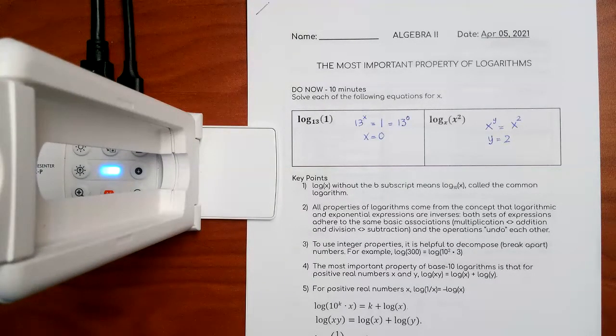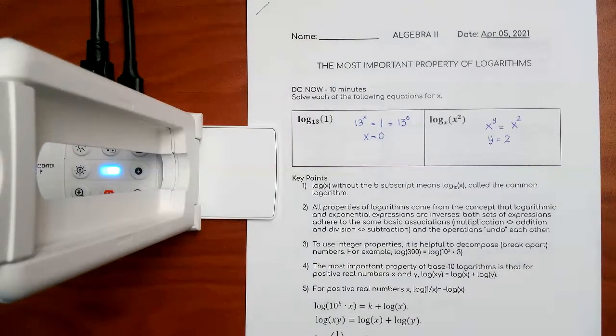All properties of logarithms come from the concept that logarithmic and exponential expressions are inverses. Both sets of expressions adhere to the same basic associations, which means multiplication is addition, and if we have division, that implies subtraction, and the operations undo each other.